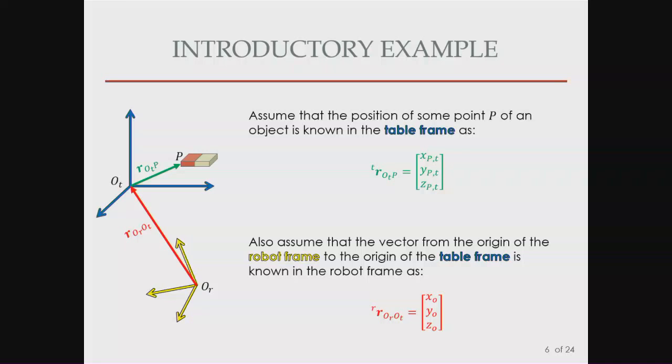And at the top here, you have the little t at the top left of the position vector. That one means that the entries x_p^t, y_p^t, z_p^t are measured along the axes of the table frame, the blue one. So these are projections of this vector, the green vector, from the origin of the table, let's say the corner of the table, until this object or point P.